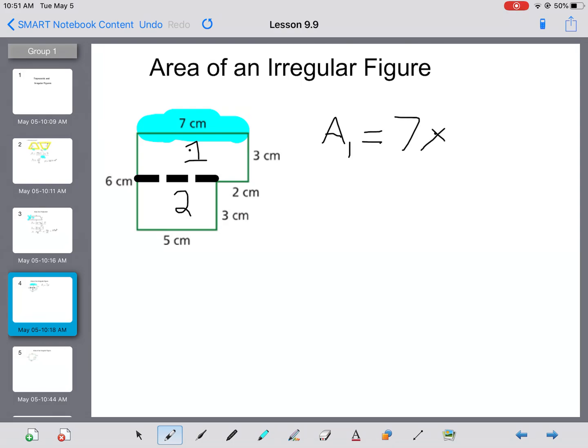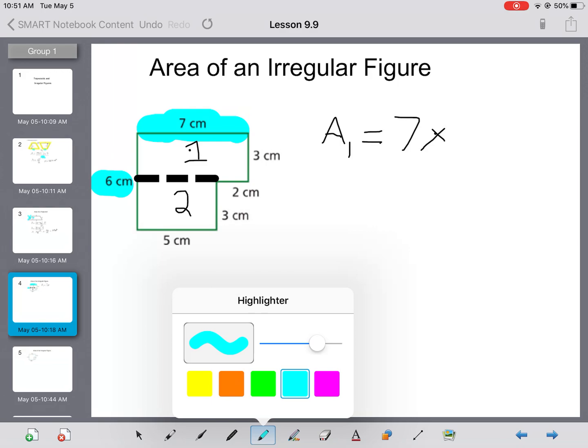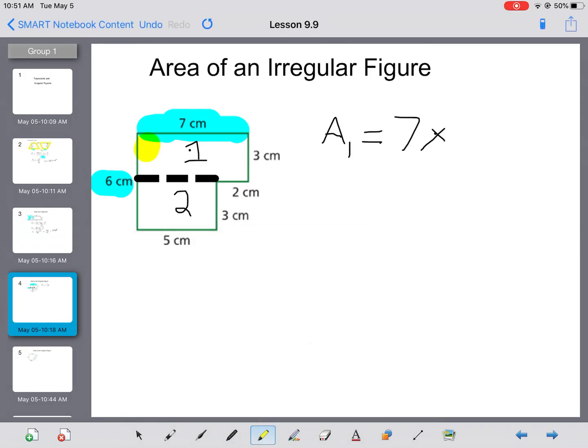Now this is why I said you have to be careful. Notice 6 centimeters is not the height of this new rectangle that I've created. I'm working in rectangle 1. Let me just highlight that for a second. Here's my new one. 6 centimeters is not the height. 3 centimeters is. So I'm going to do 7 times 3. Area 1 equals 21 centimeters squared.